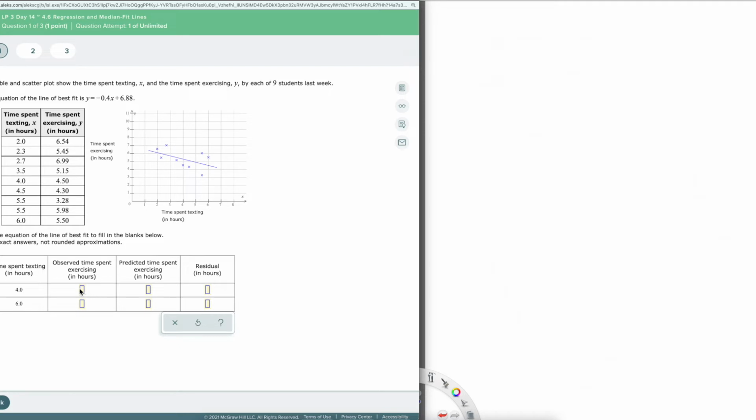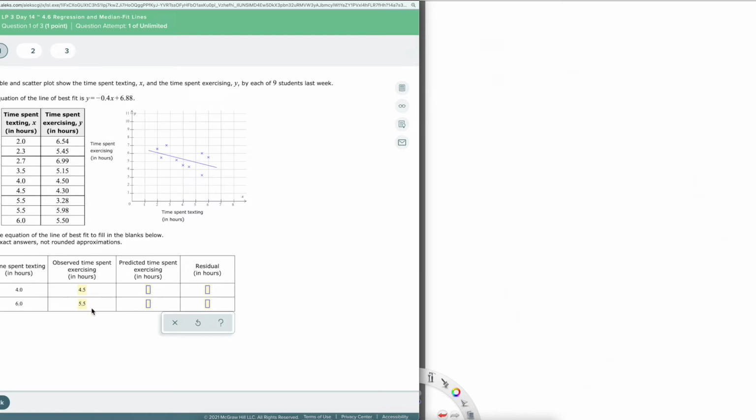We could look on the chart here, but sometimes that's going to cause us to estimate a little bit. We could go right over here to this table and say 4 hours, that was 4.5, right? That's what actually happened at 4 hours. And then for 6 hours, there's only one of them here, so that's 5.5. So those are my actual observed times exercising.